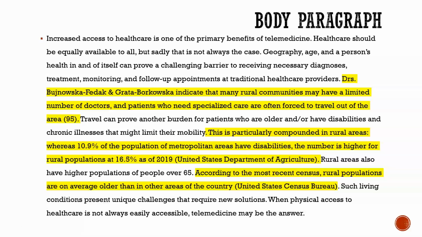So all of these things are problems on their own. People who live in rural areas, people who have disabilities or other chronic illnesses that might make it difficult to get to a doctor, but throw all of these things together, you have transportation limitations, and you live in a rural area that demands that you might have to go elsewhere to get your care. Well, that's a very unique challenge.